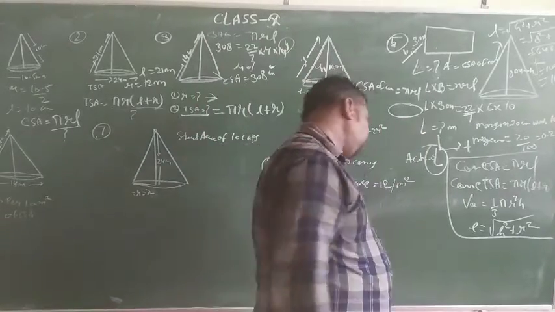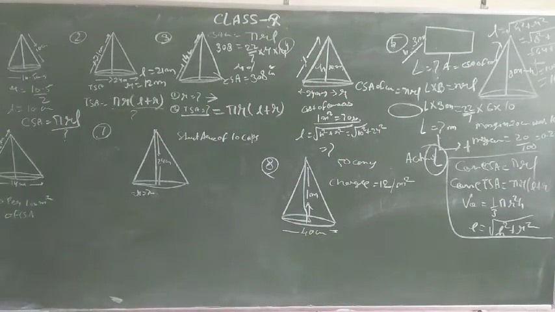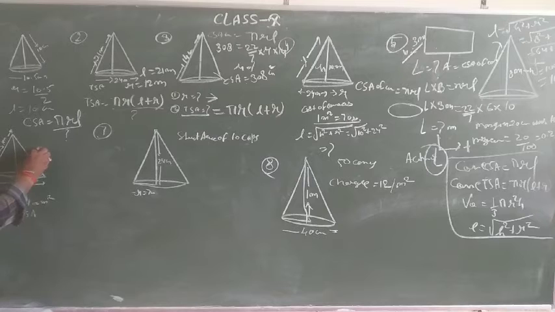Okay, students. Now, question number 6. In this question, given that there is a cone whose diameter is 14, slant height is 25, and it's painted on its curved surface area. So we find the curved surface area, that is CSA of cone.